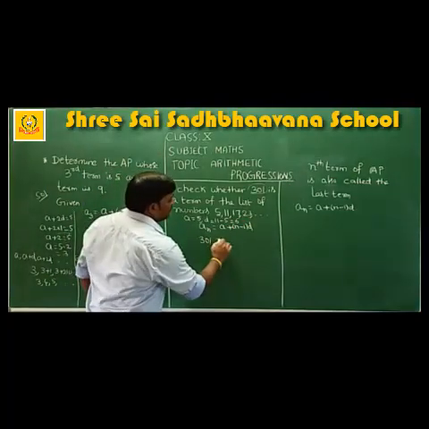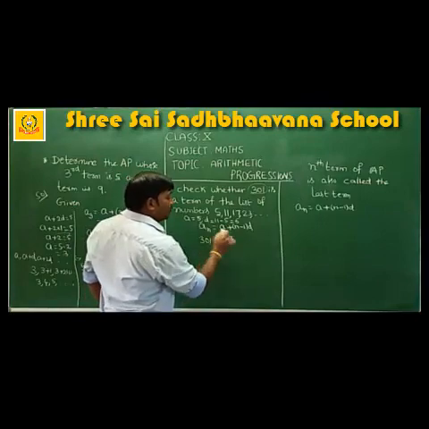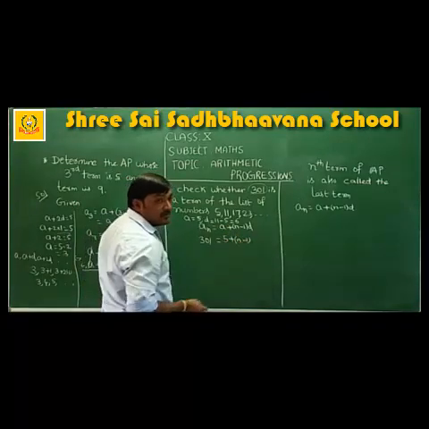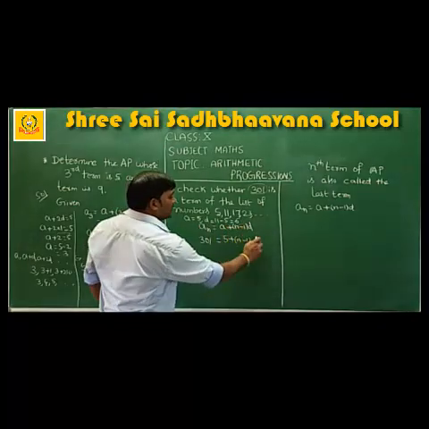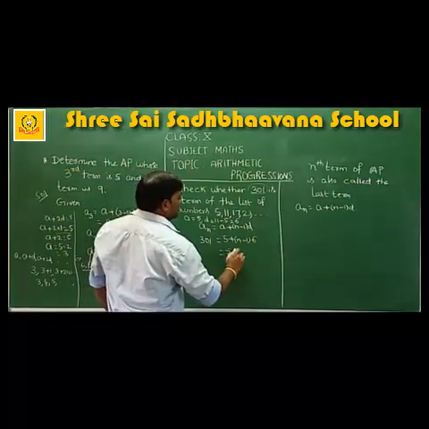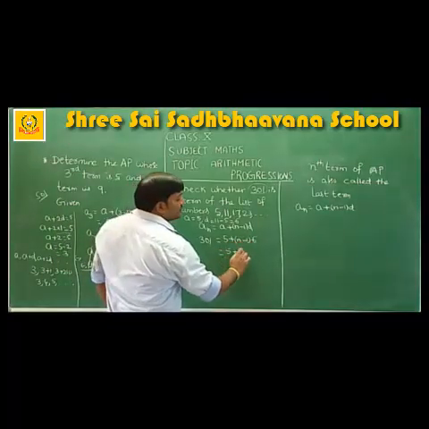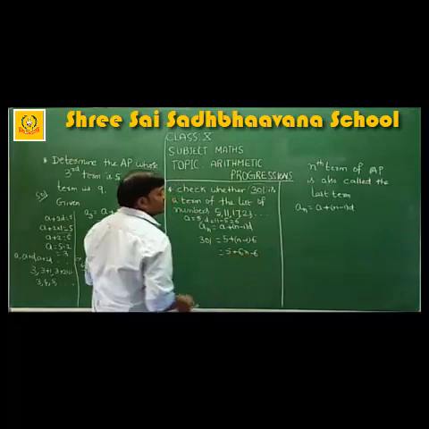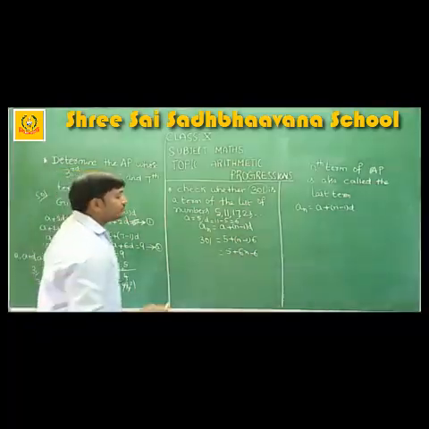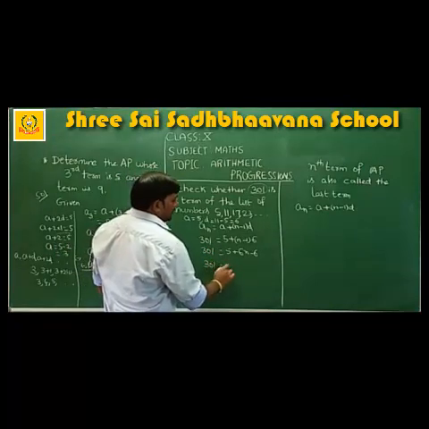So just substitute this: 5 plus, what is the n value? We don't know, which we have to find. And the D value is 6. So what do you get? 5 plus n minus 1 into 6, which will give you 6n minus 6, which is equal to 301.